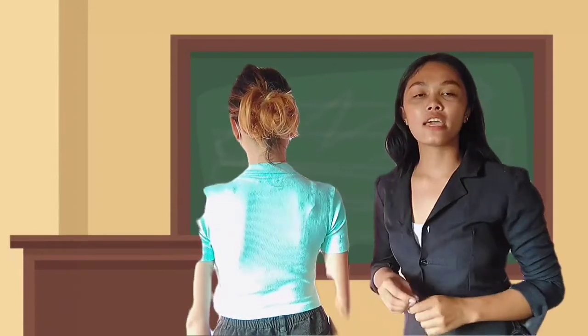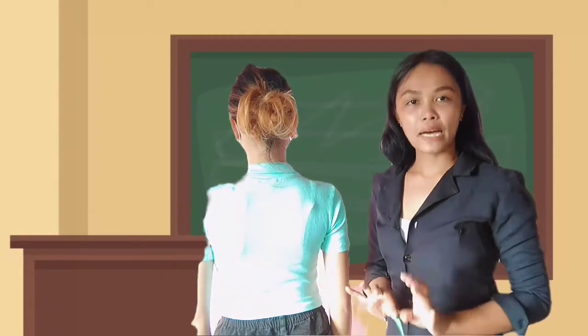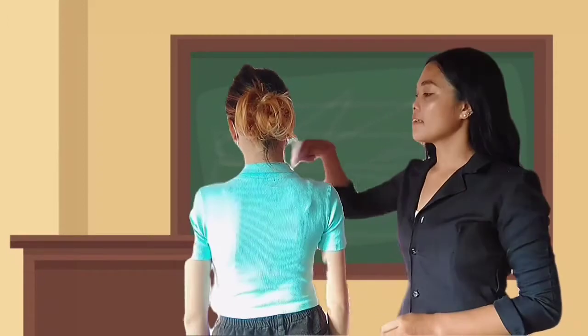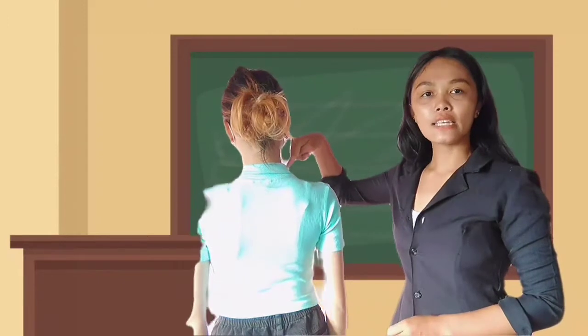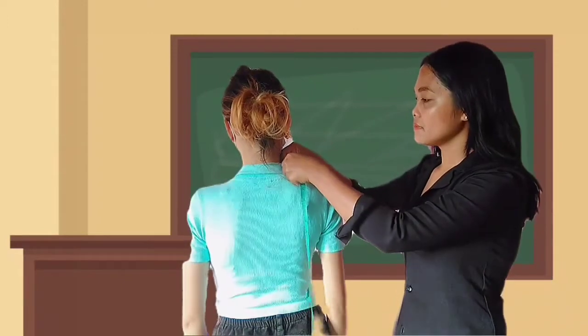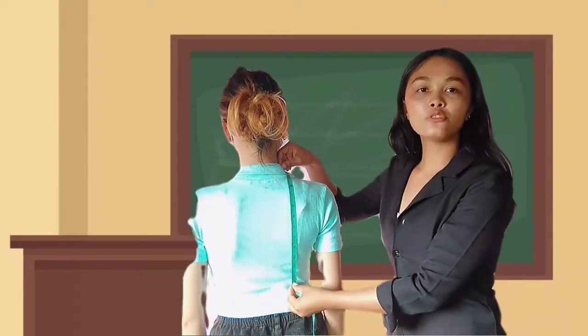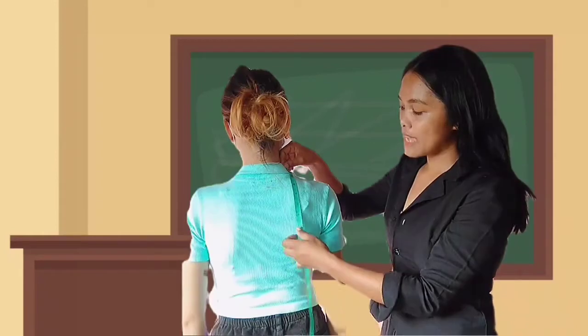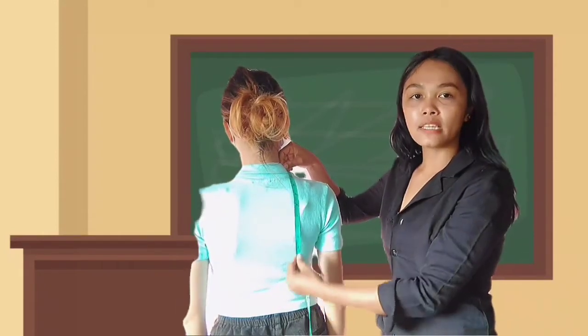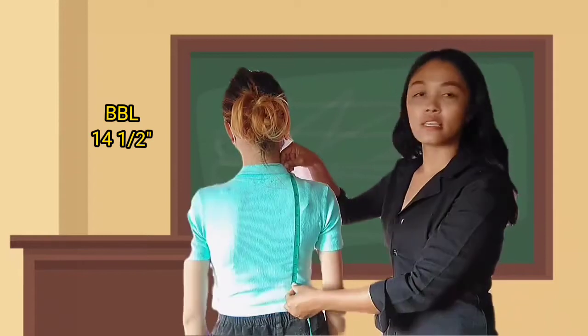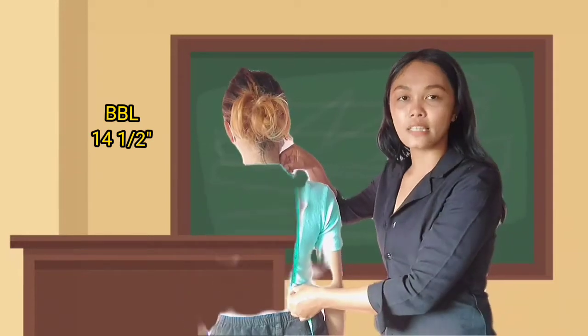The next one is the back body's length, which is taken from your side neck point down to your waistline, passing through your blade point. This is the back body's length.